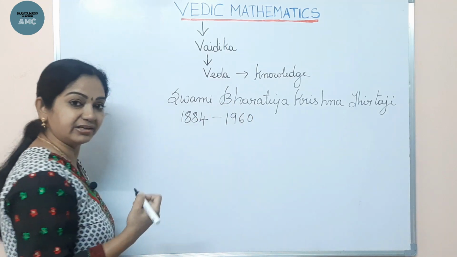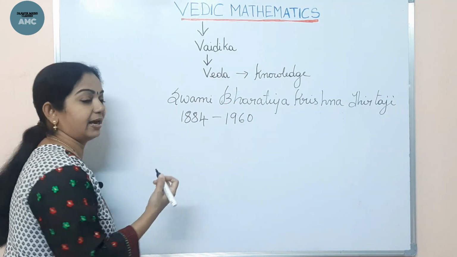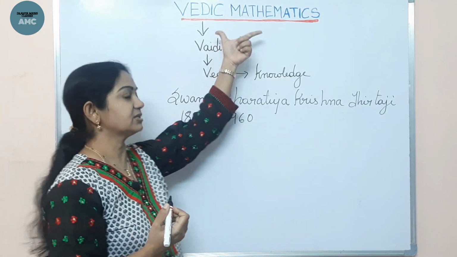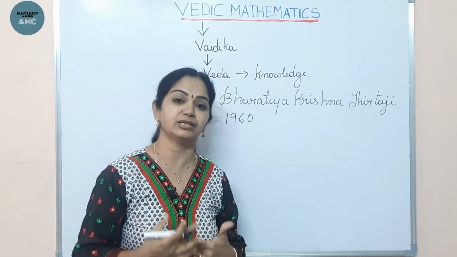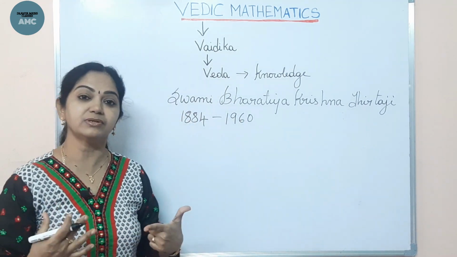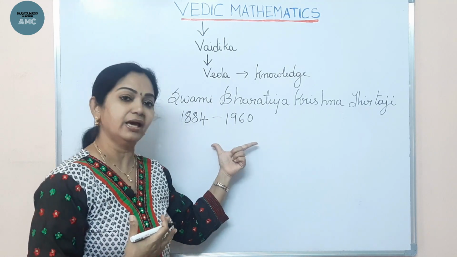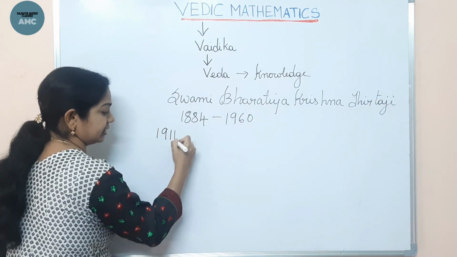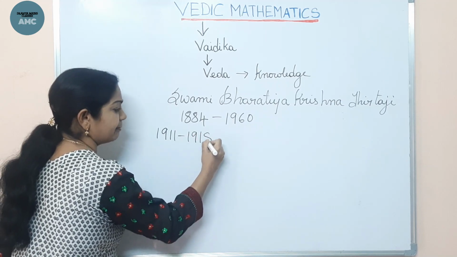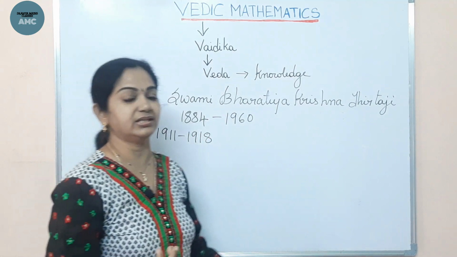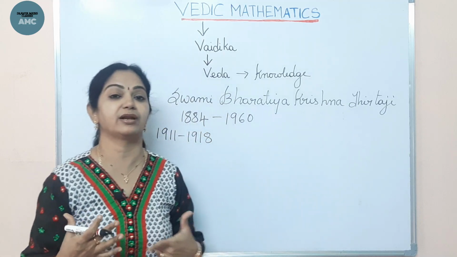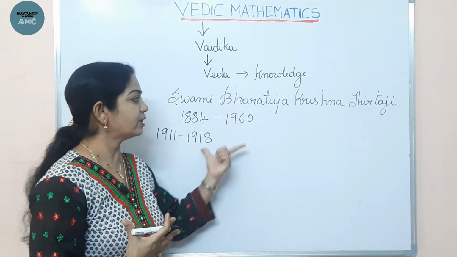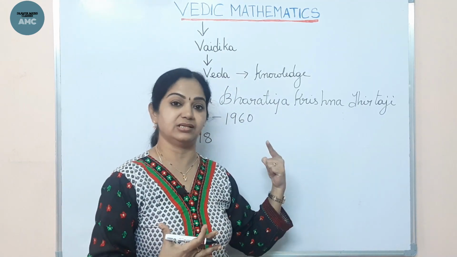He had written books regarding Vedic mathematics. History says that 16 books were written by the Swamiji in the years 1911 to 1918, but unfortunately all these 16 books were lost, so we don't have the knowledge of those books.